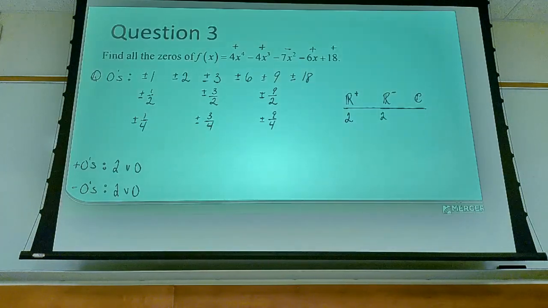So you have 2 complex. Could have no positives, 2 negatives, which means we'd have 2 complex. Or you could have no negatives, which means you'd have 4 complex. That means all of your solutions would be complex in that case.